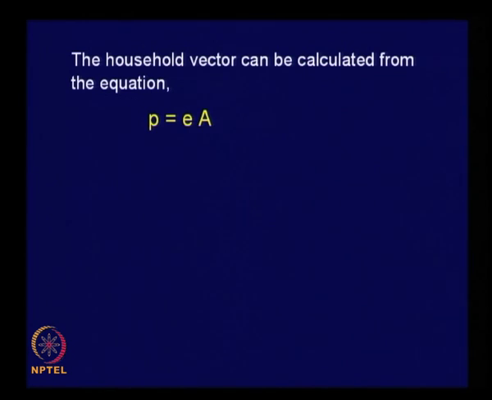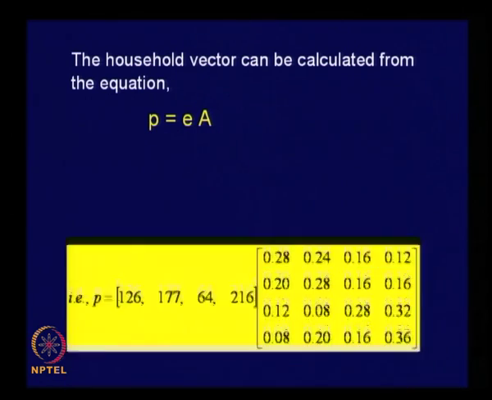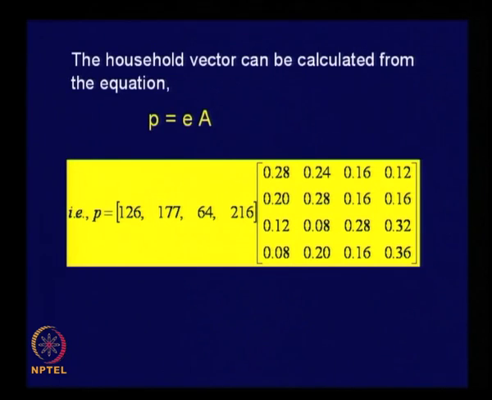The household vector can be calculated from this equation, P is equal to E into A. The value of P is given to us, is not it? Do we know the value of P? No, P value only is being calculated, right. E and A are known to us.